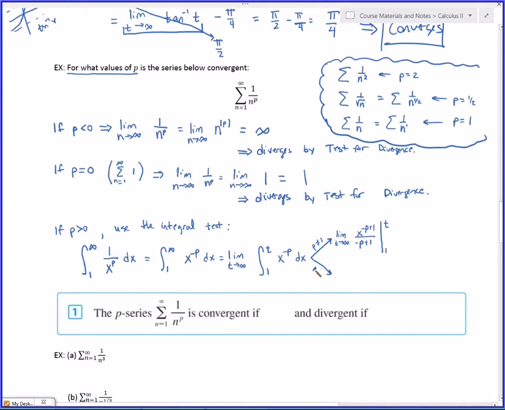So if p is 1, then I'll have the limit t goes to infinity of, and what's the integral of x to the minus 1? Yeah, it's natural log of x. So 1 to t.